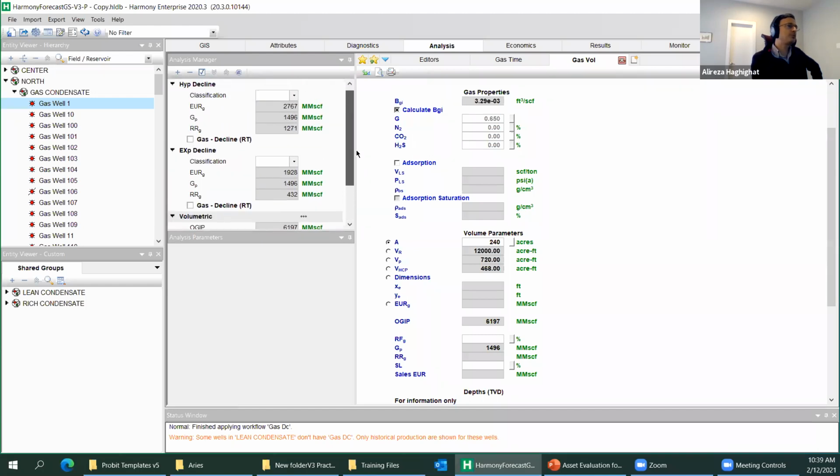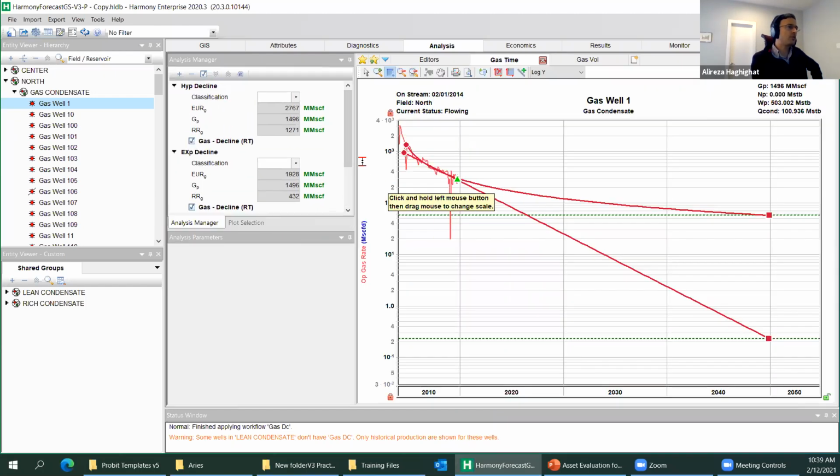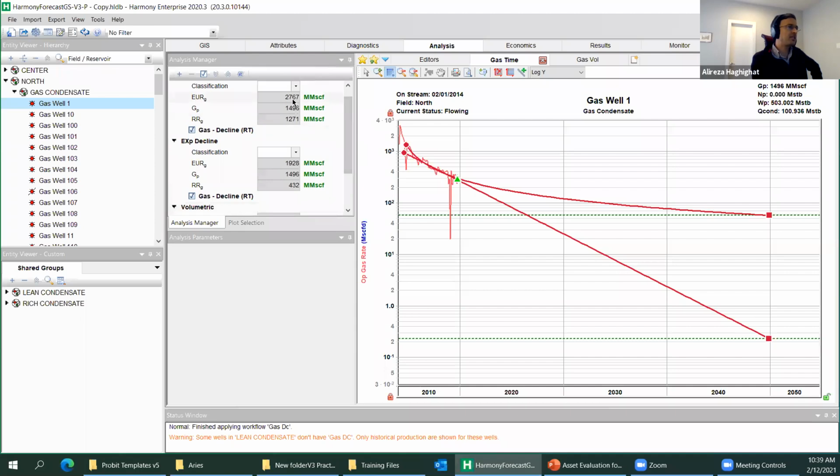Now, we have two different EURs. Let's go back to our analysis. We have one EUR equal to 2.7 BCF, one EUR equal to 1.9, and we want to know which one might be more reliable.